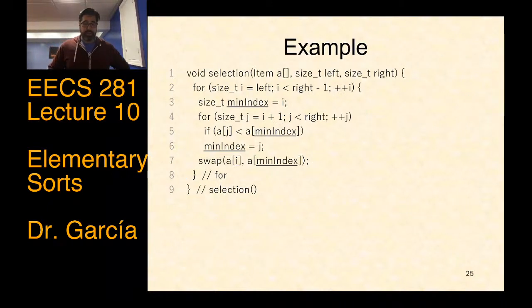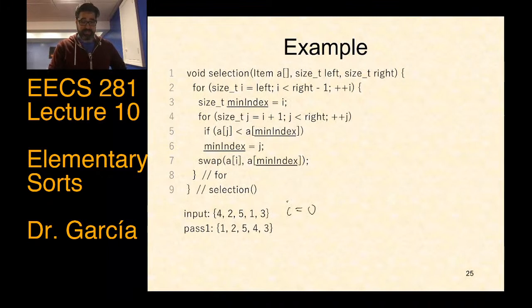So here we have the same code, same algorithm, and we have as input 4, 2, 5, 1, 3. The first pass, right? It would say like, okay, I'm looking at I equals 0. So conceptually, what it's going to do is find the value that corresponds to that very first position, which in this case is 1.